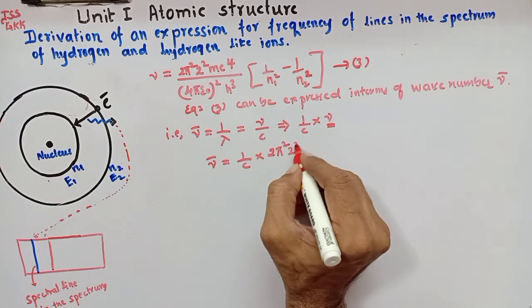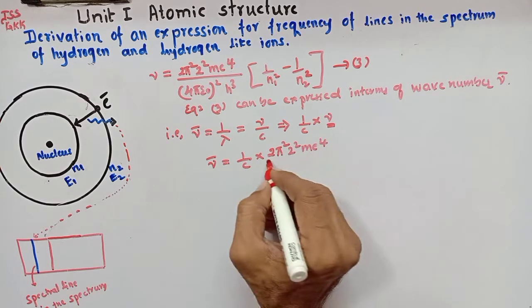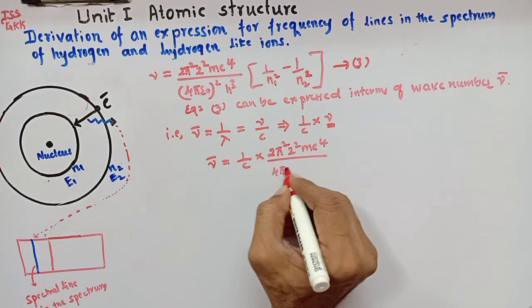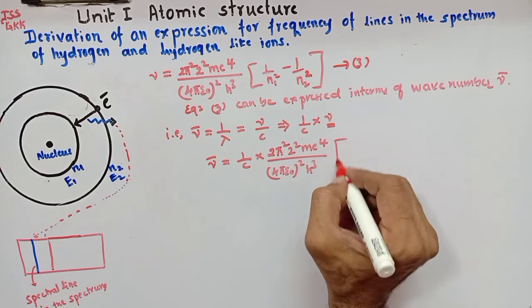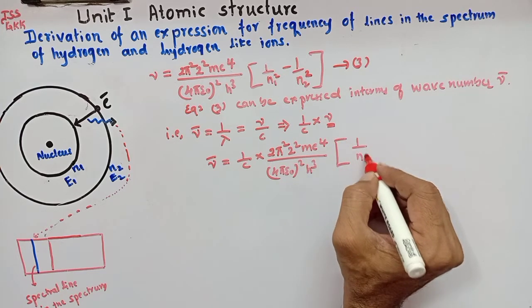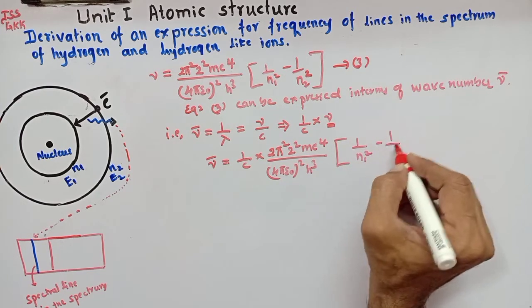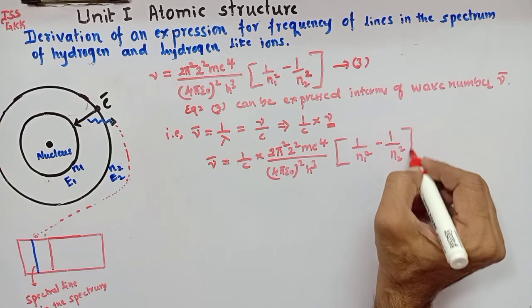2 pi square z square m e raised to 4 divided by 4 pi epsilon naught whole square h cube into 1 over n1 square minus 1 over n2 square.